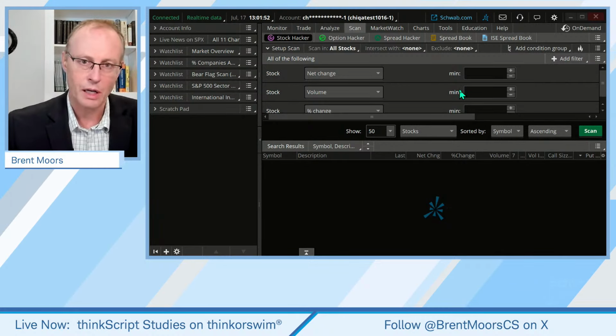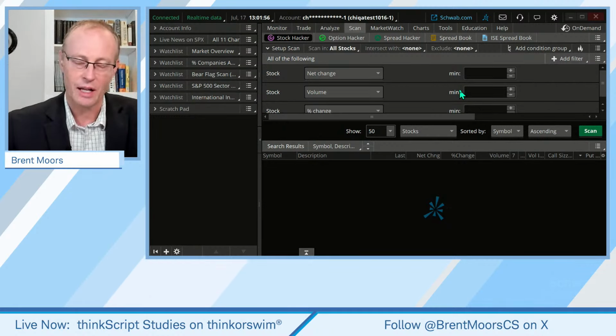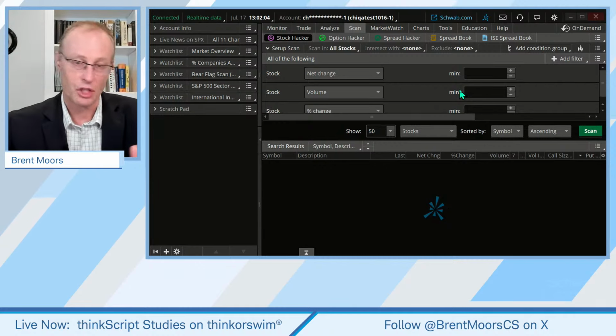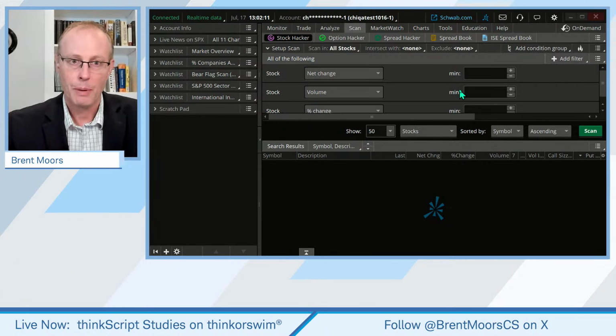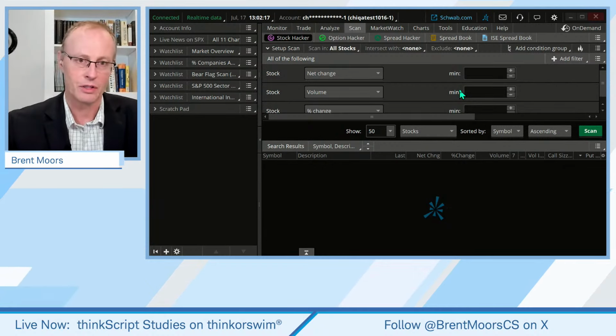What I want to talk to you about is, number one, creating scans, customizing scans. When we customize scans, you can do so through just programming, typing in the ThinkScript, which we're not going to do today. But there's an alternative way to do it, and there's an aid to help you create these scripts.